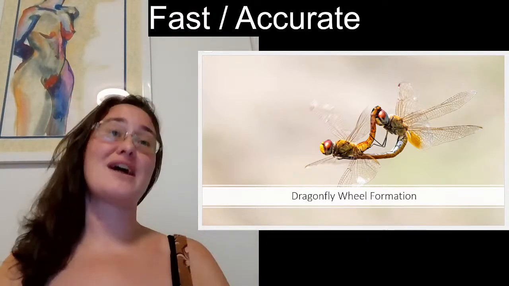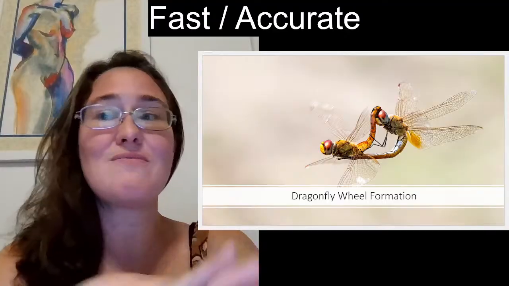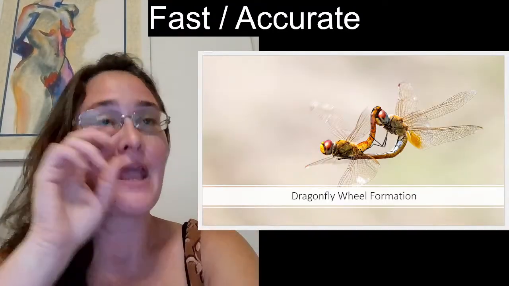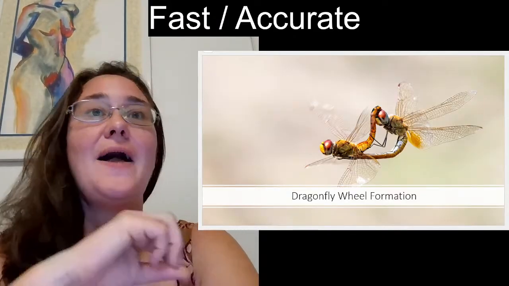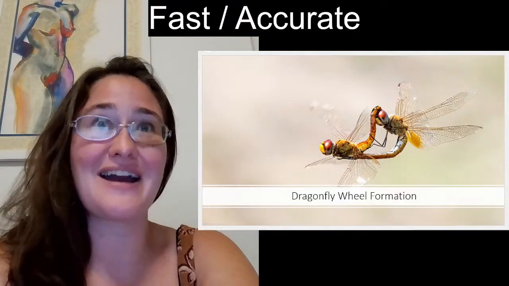But dragonflies laugh at them both because dragonflies have an accuracy rate of somewhere between 90 and 95%. I've heard people argue as high as 97. One of the most accurate predators out there.